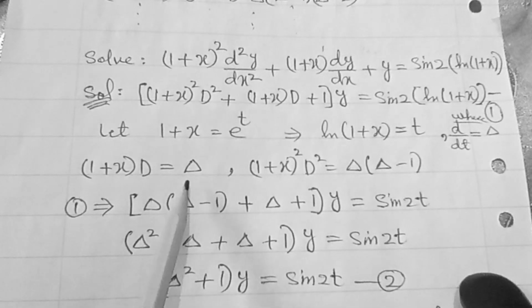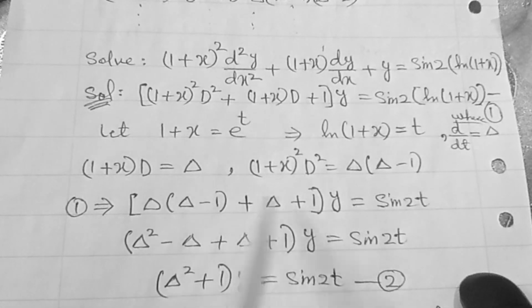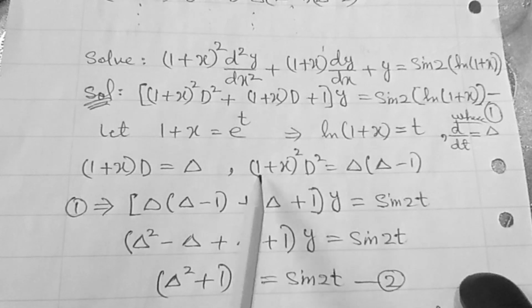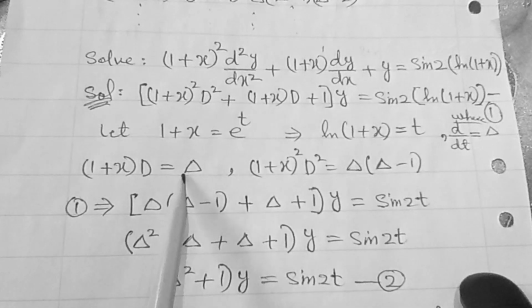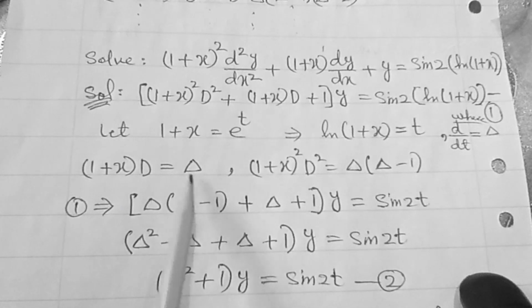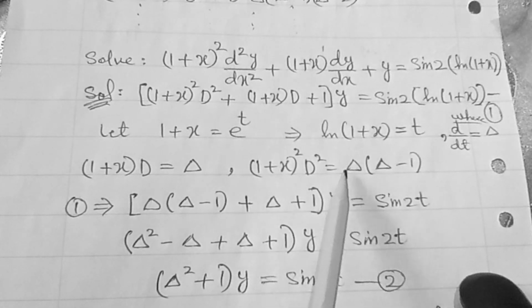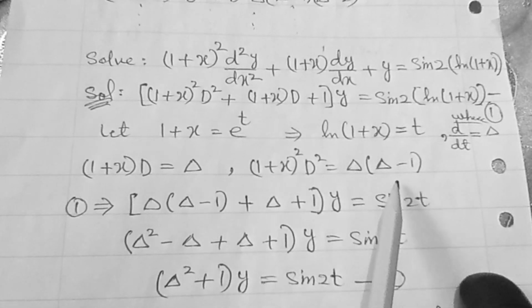And for instance, δ will be substituted for (1 + x) D, and δ(δ − 1) will be substituted for (1 + x)² D². Why is b not here? Because the value of b is the coefficient of x. The coefficient of x is 1, so we substitute 1 here. 1 multiplied by δ is δ. Similarly, 1² into (δ − 1) gives δ(δ − 1).